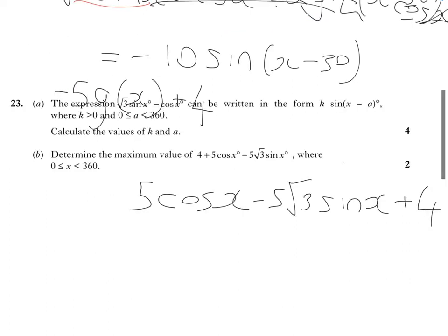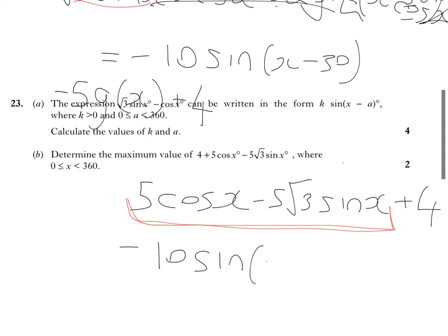Now you can see pretty clearly that that is that function then. It's the exact same thing. Now we know that this bit here, the underlined, we know that that can also be rewritten as minus 10 sin(x minus 30). And we're just now adding on a 4 at the end.